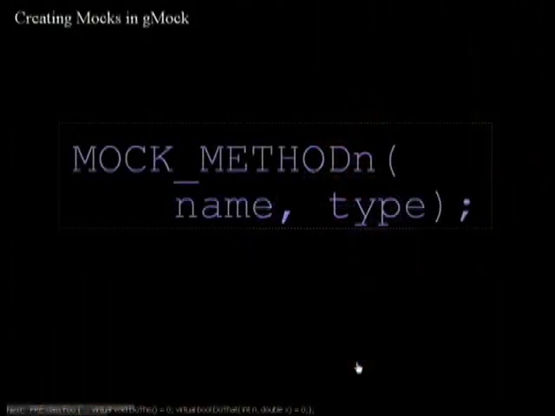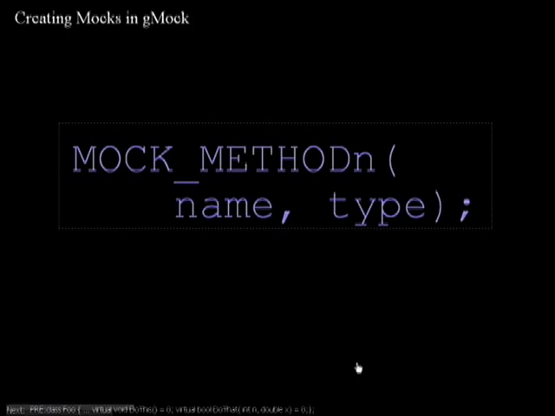Let's look at the macro for creating mocks. It's not just a single macro. It's actually a family of macros, but they are all similar. So the main macro is called MOCK_METHODn, where n can be 0, 1, 2, and so on, and n is the number of arguments your function takes. This macro creates a single mock implementation for a method in your interface.